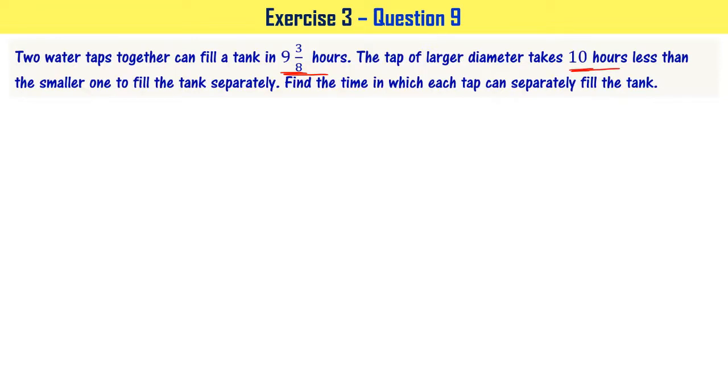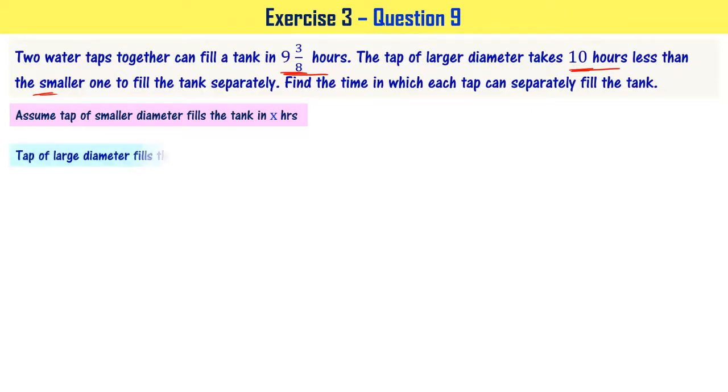Let me assume that the tap of smaller diameter fills the tank in X hours. The tap of larger diameter is going to fill the same tank in X minus 10 hours, right? That is what this statement says. 10 hours less than the smaller one.